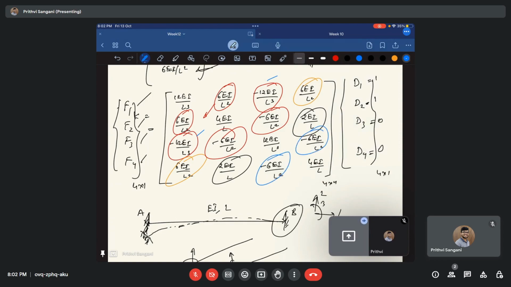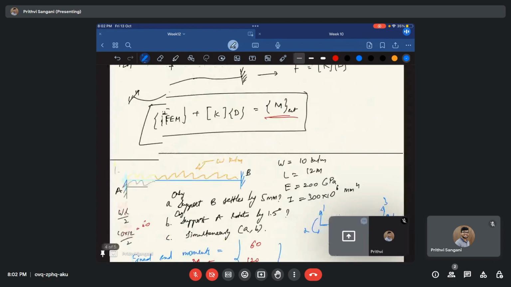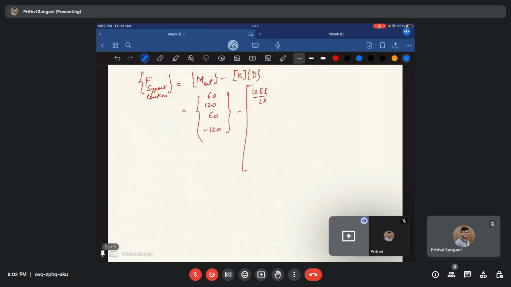You might have seen here that the stiffness matrix is symmetric. Why is it symmetric? Because F12 is equal to F21, as it is the same scenario: you are restraining the other degrees of freedom and doing the same thing at the other end.